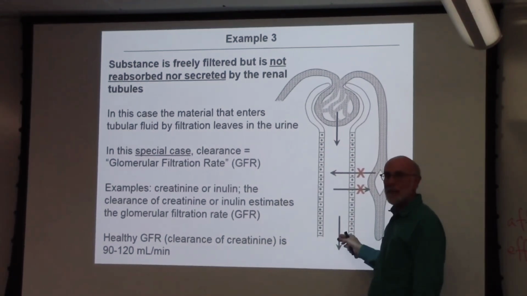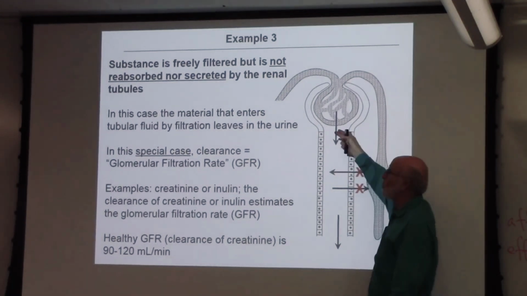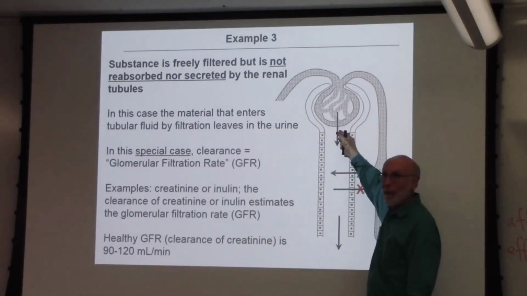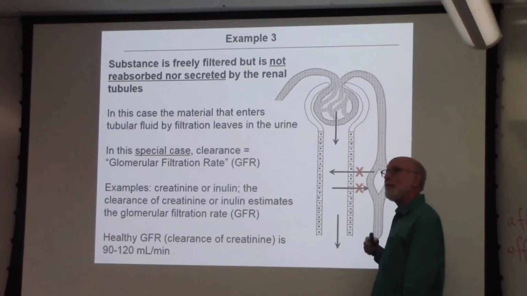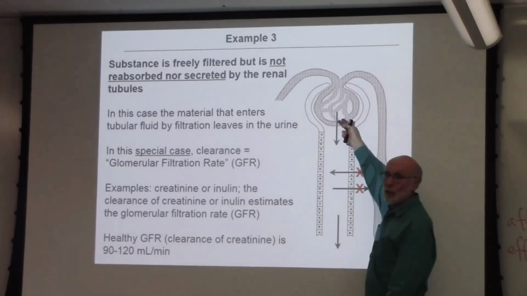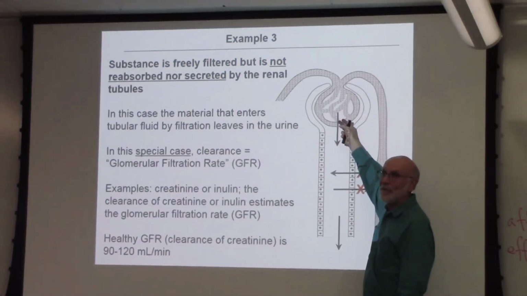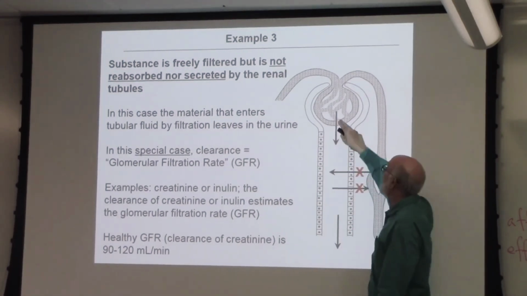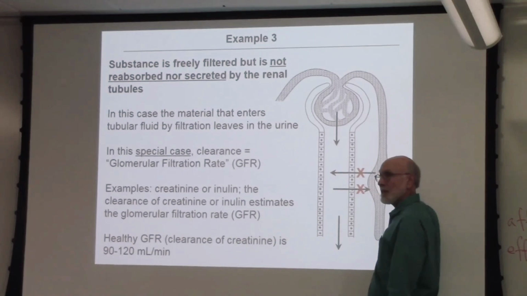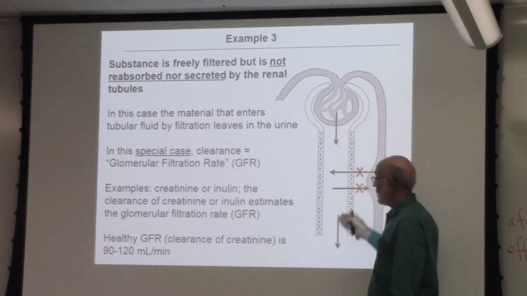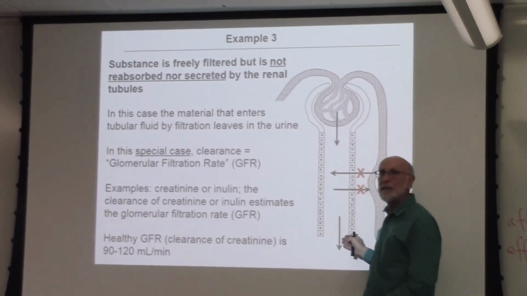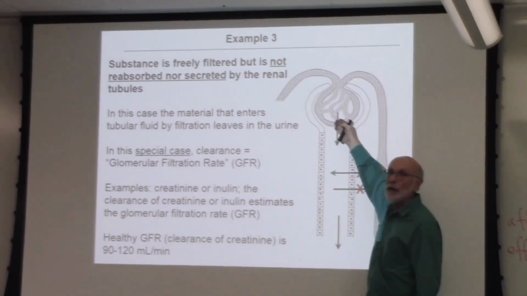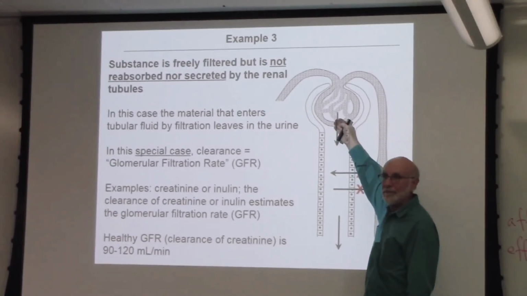So everything that ends up in the urine is what was filtered. Now remember, clearance is a flow rate. Filtration is a flow rate. So in this special case of a substance that is freely filtered and is not processed, the clearance of the substance is a measure of the glomerular filtration rate.